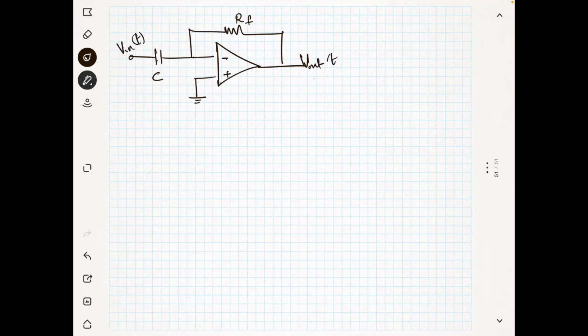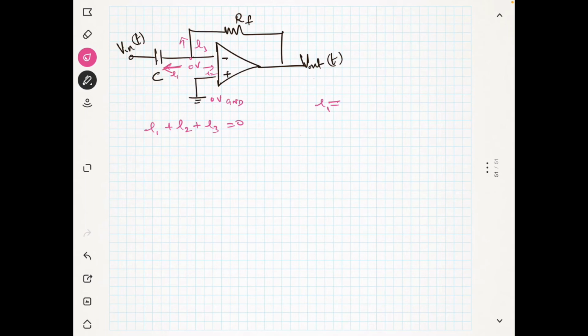Now you know that this point is 0 volt because this is the ground point, so this is also 0 volt. I can assume that all the currents are moving away, I1, I2 and I3. So I1 plus I2 plus I3 is equal to 0. Now I will write the equation for I1, the current flowing in this direction.